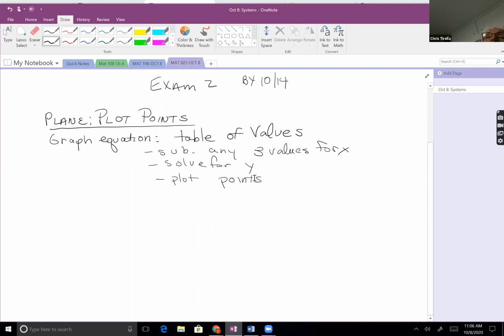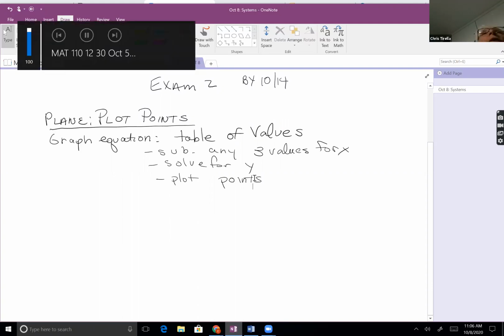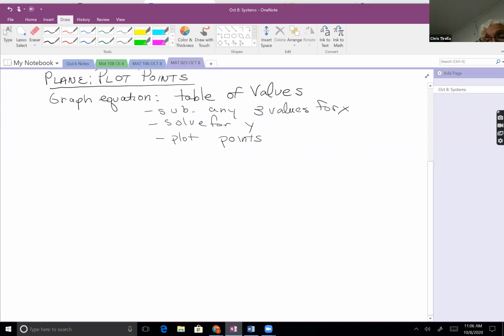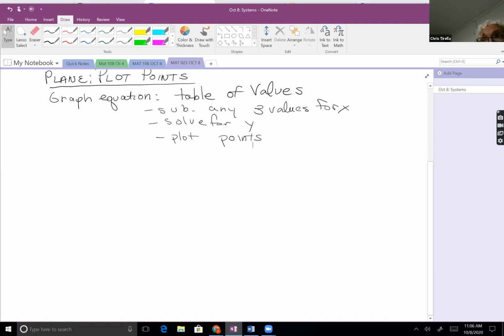How does everybody feel about that, making a graph by making a table of values and plotting points? Is that something we can all do? Okay, being met with silence, can I assume that that means everybody's okay with it? Yes. Yes.